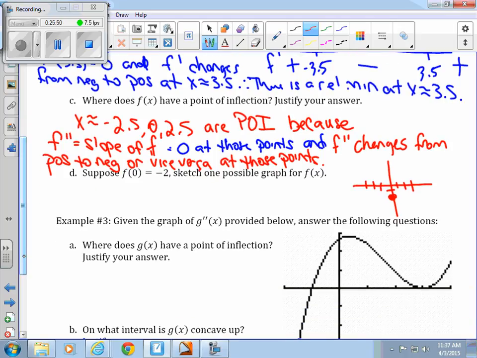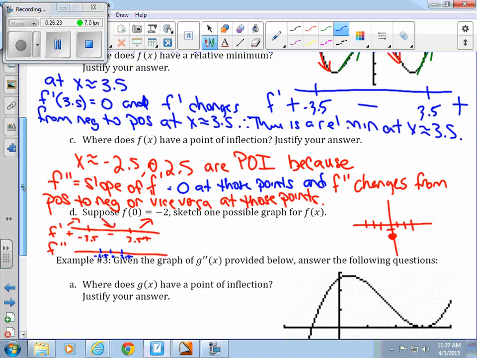So what I'm going to do really quick, this is only for me, is I'm going to put these two things side by side. So I have my negative 3.5 and 3.5. I am positive, negative, positive, increasing, decreasing, then increasing. And then at negative 2.5, and 2.5 and 0, I have changes in concavity.